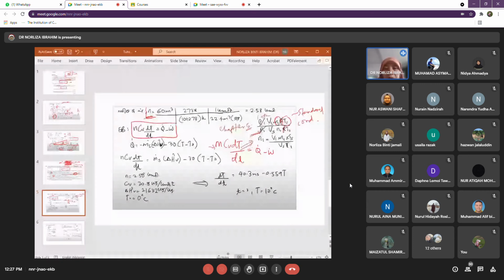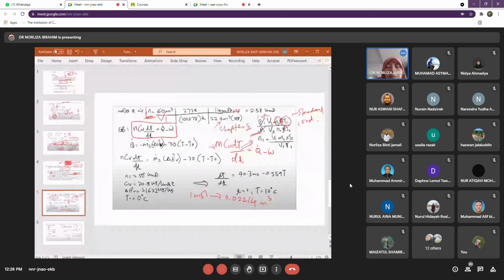So this is your V1, and this is your standard Ns. Your standard volume is 22.4 meter cube per kilomole. If you go to chapter 5, you refer to the table, it is equivalent, so 1 kilomole is 22.4 meter cube.